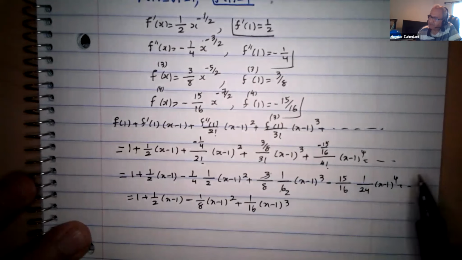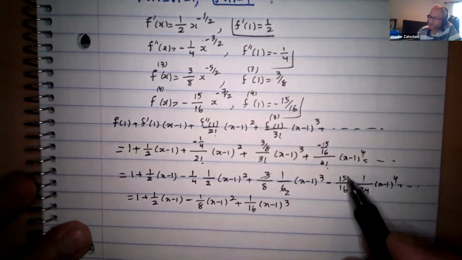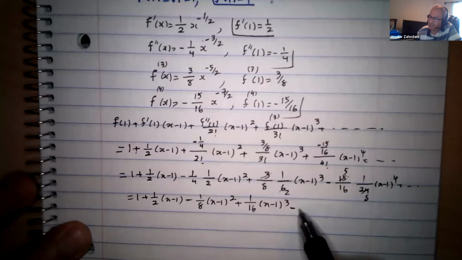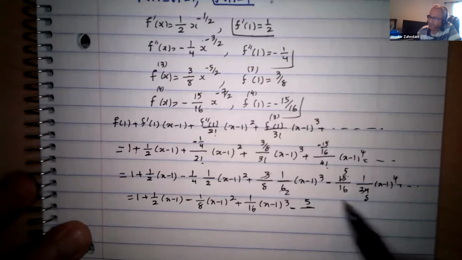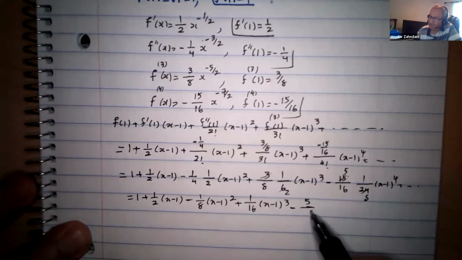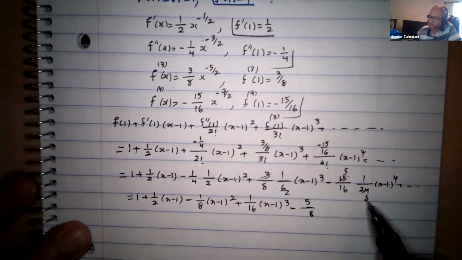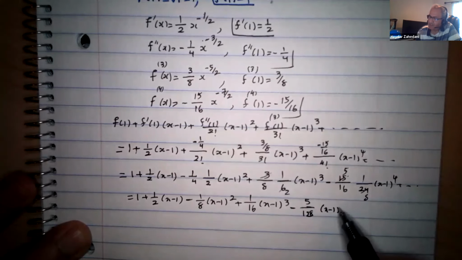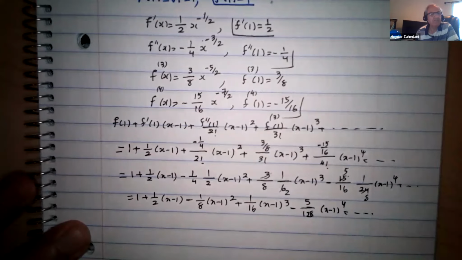And over here, you can simplify it by 3, that gives you 5 over 8, so it's going to be negative 5, and 8 times 16, 8 times 6 would be 48, and 128, times x minus 1 to the fourth, etc.